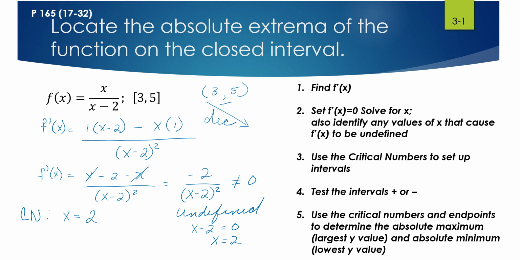And so plugging in my values, I have f of 3, and I get 3 over 3 minus 2, which is 3. And then f of 5 is 5 over 5 minus 2.